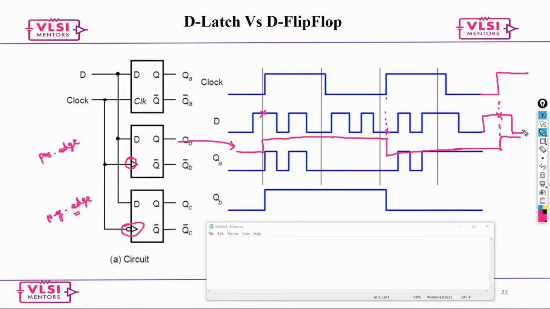If you look at the negative edge triggered one, instead of the positive edge, you need to start taking your negative edge. During the positive edge, whatever is there is not going to be considered. So you have to pick the negative edge here. During the negative edge, it is 0, and here it is 1. So the output is going to be carried all the way till here, till this edge.